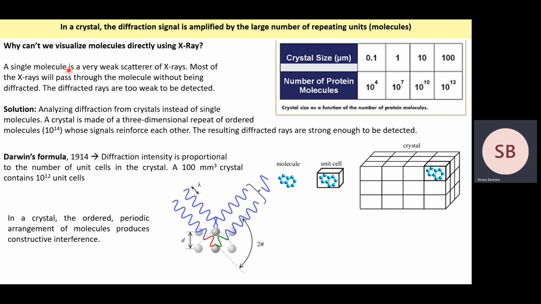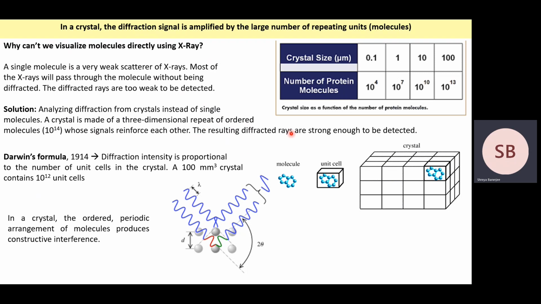So the solution to this is that instead of using X-ray crystallography on a single molecule, the X-rays are passed through crystals. Crystals, as you know, are made up of three-dimensional repeats of ordered molecules. And the X-ray diffraction waves from each of these molecules reinforce each other through constructive interference.